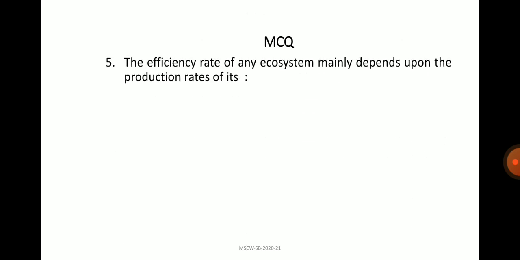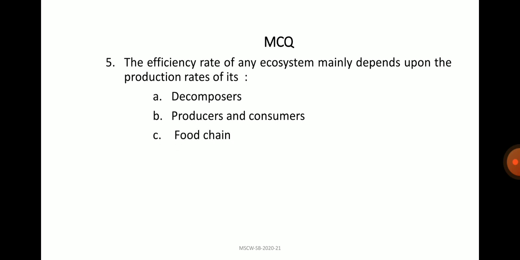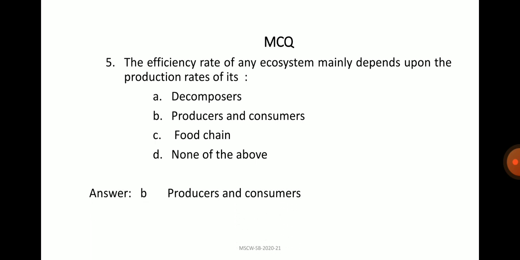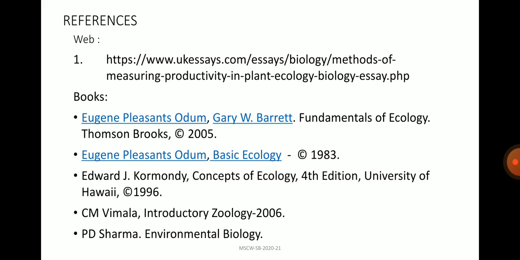The next question, the efficiency rate of any ecosystem mainly depends upon the production rates of its: A, decomposers, B, producers and consumers, C, food chain, and D, none of the above. And the answer being option B, that is producers and consumers.